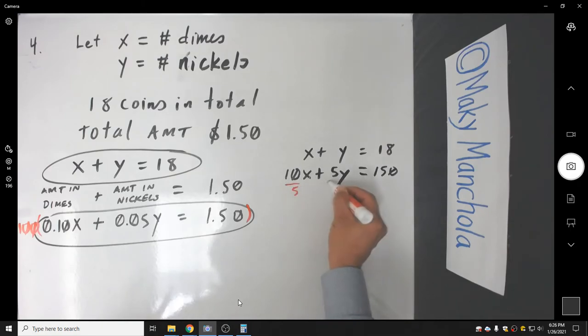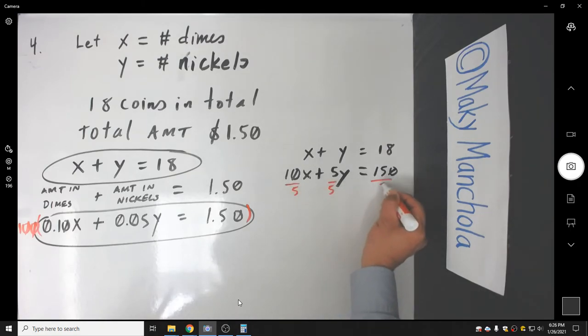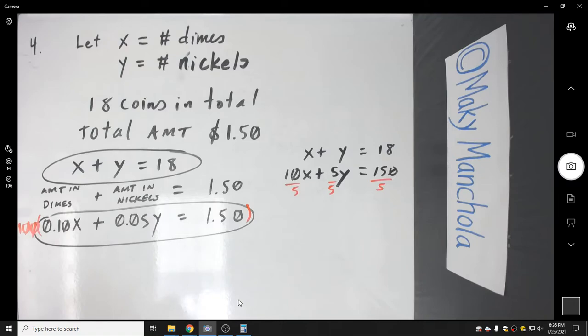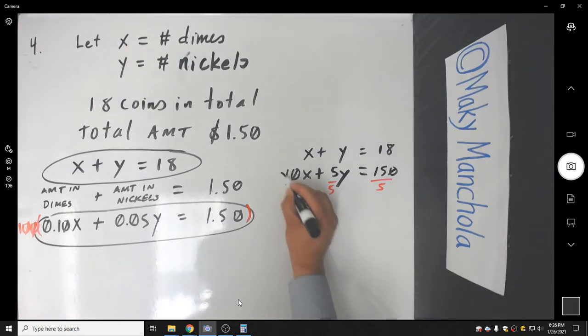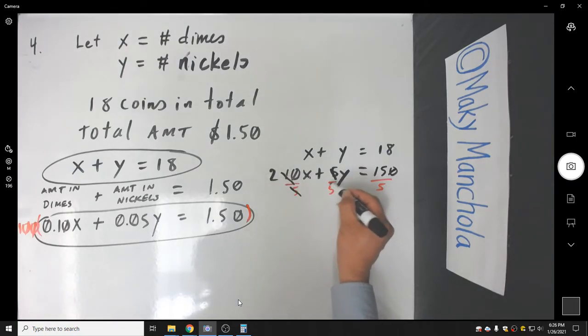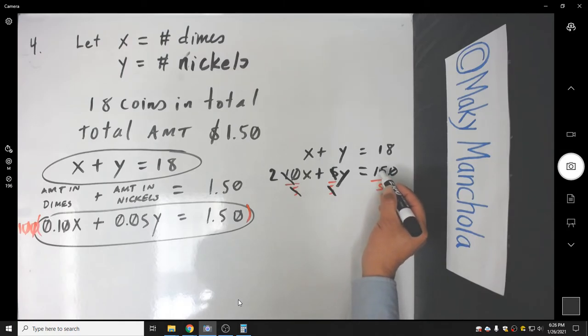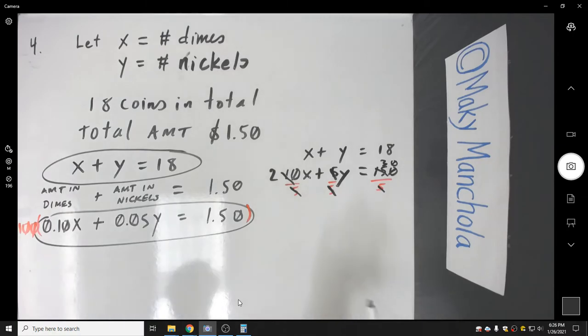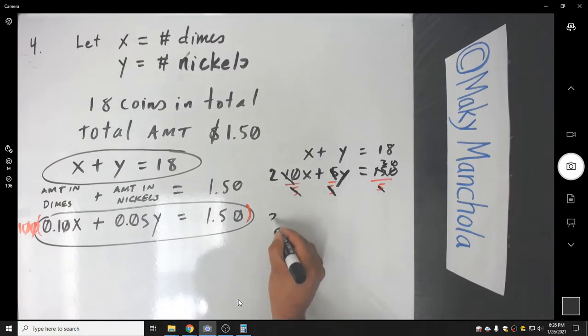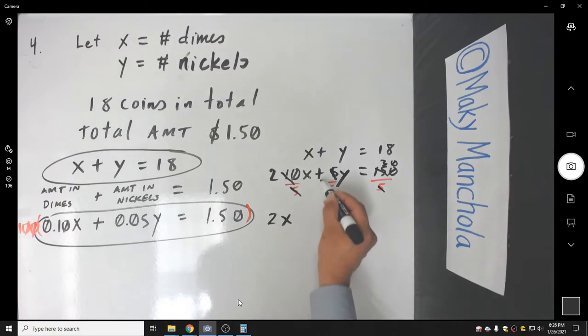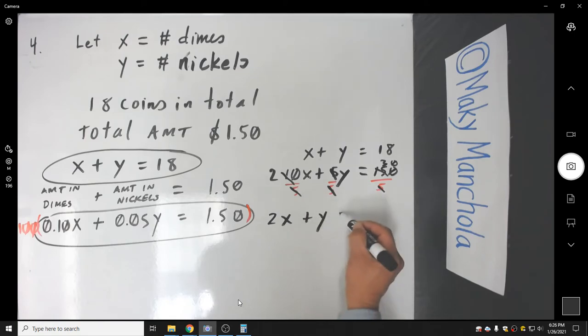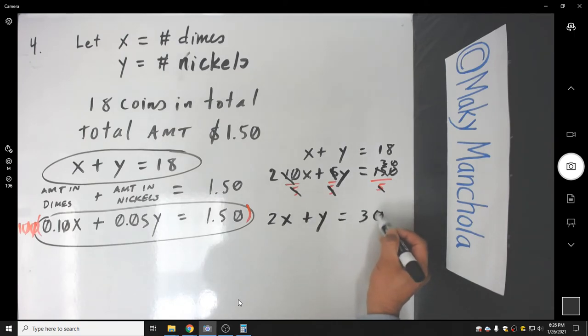Let's divide the second equation by 5. So 10 over 5 is 2. 5 over 5 cancels entirely. 150 over 5 is simply 30. So here's what we have. 2x plus y equals 30. And I have my other equation, x plus y equals 18.